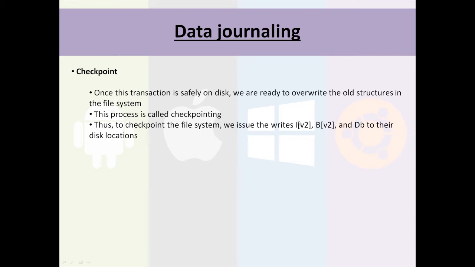So here we actually issue the writes to our inode, our bitmap, as well as that new data block. And if these writes complete successfully, we have successfully checkpointed the file system and we are basically done. So the first step is to journal and then to checkpoint.